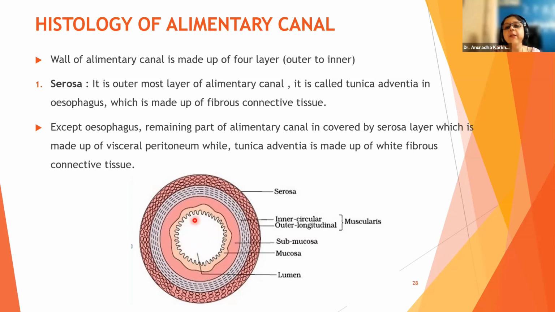That is going to be your lumen. Okay. Understood from the diagram how it looks? Is it okay? Any confusion, beta? Histology of alimentary canal: serosa, muscularis, submucosa, and mucosa. Anything not followed? Any point not understood?